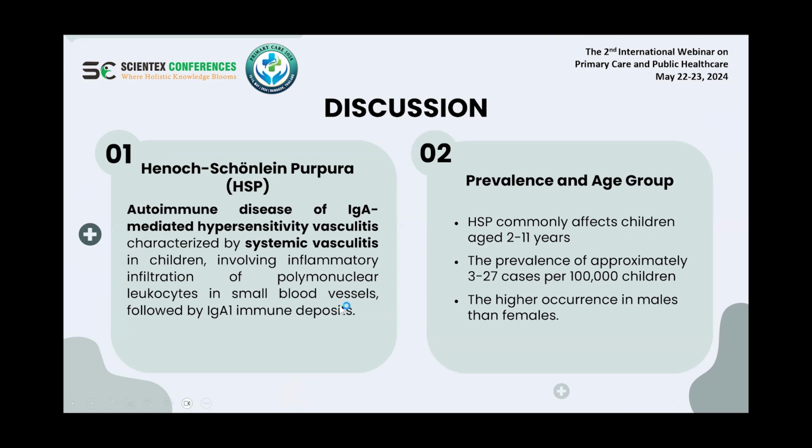The prevalence of HSP commonly affects children aged 2 till 11 years old, approximately 3 till 27 cases per 100,000 children, with higher occurrence in males than females.